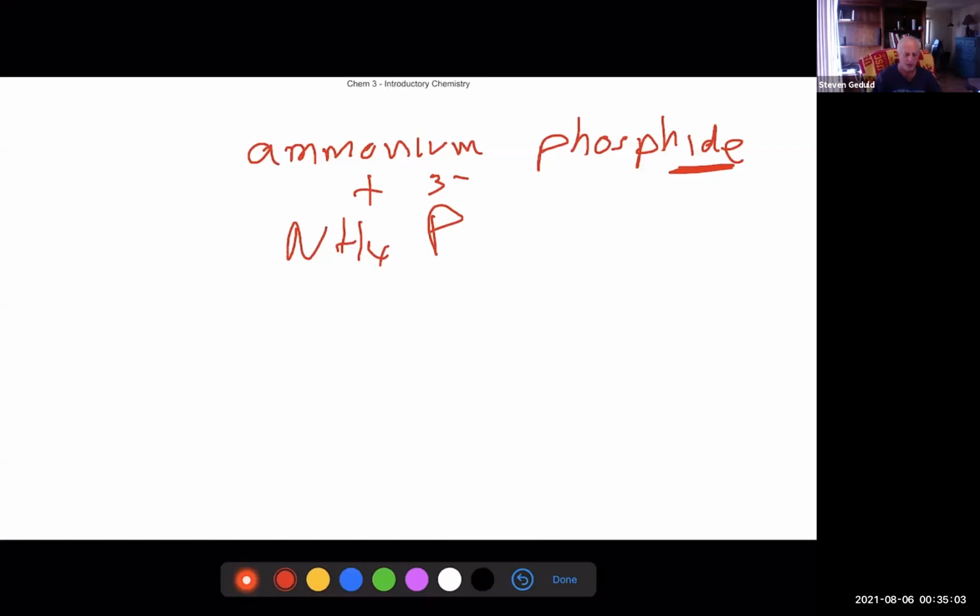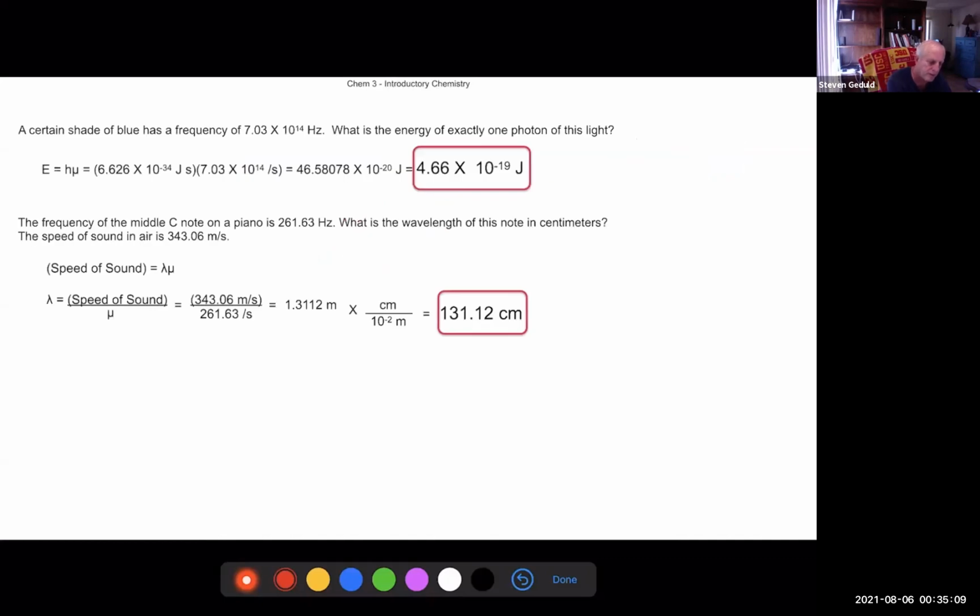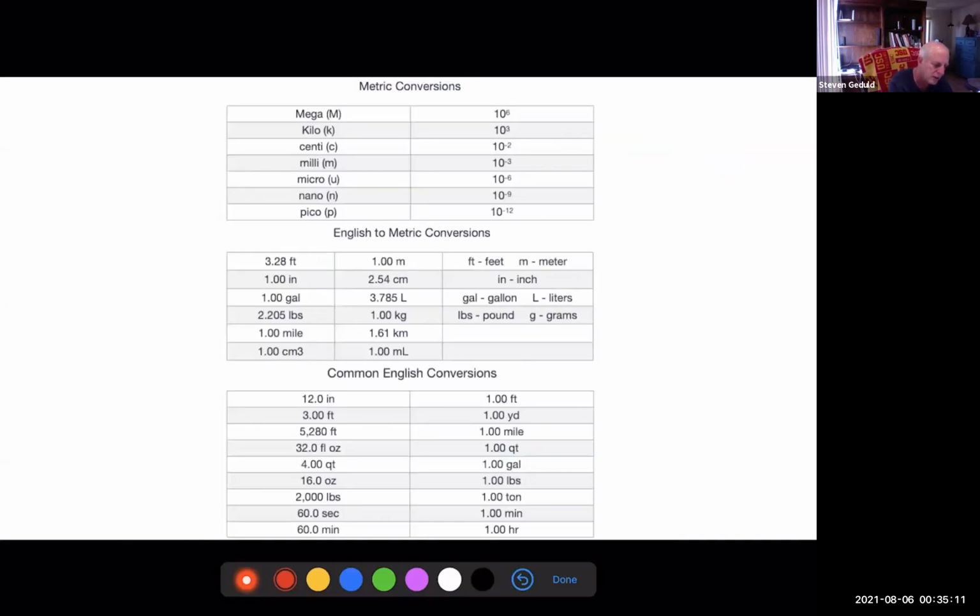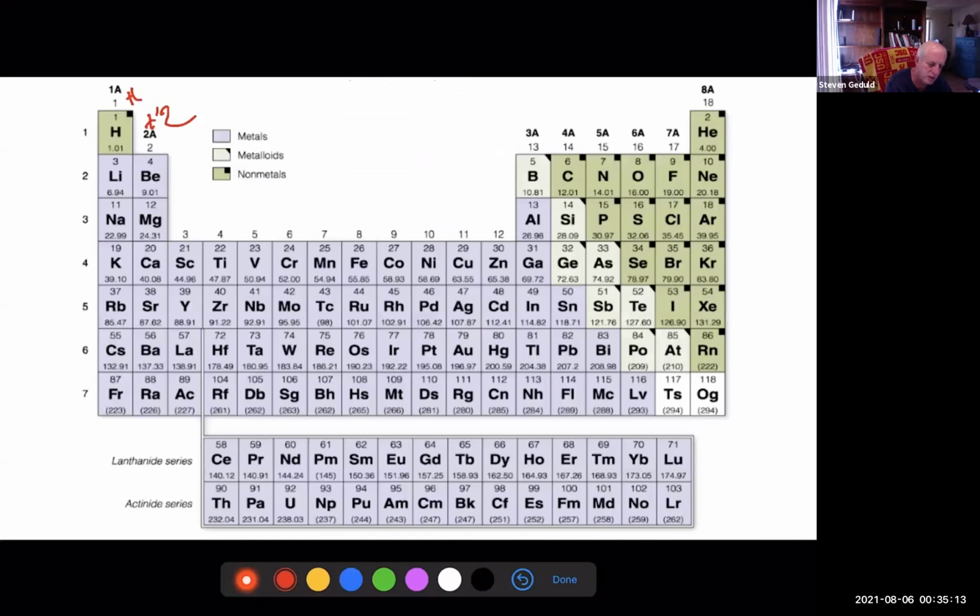Ammonium is a polyatomic ion. Phosphide is the element. Go back to your periodic table. Remember, these were +1, +2, +3, and this column here is neutral. That's where carbon is. Everything in the first column is +1, second column is +2, third column is +3. And then this is -3, -2, -1.